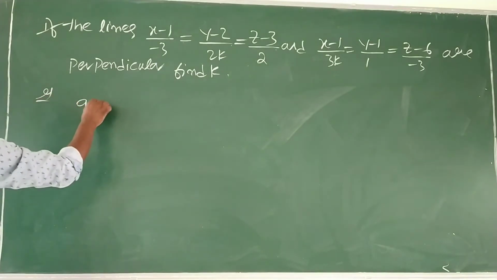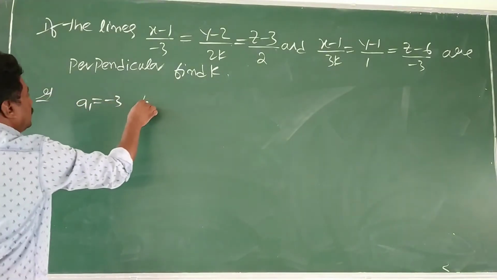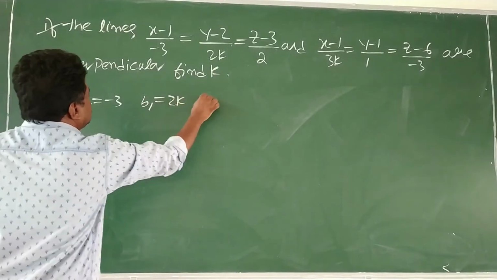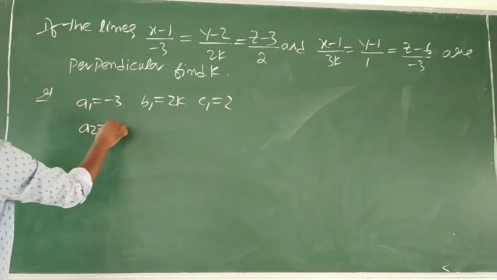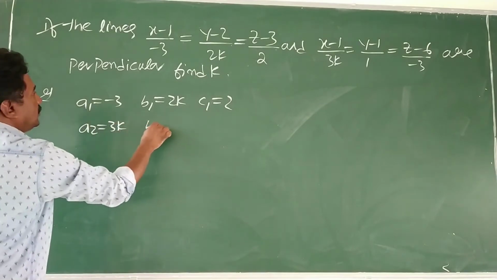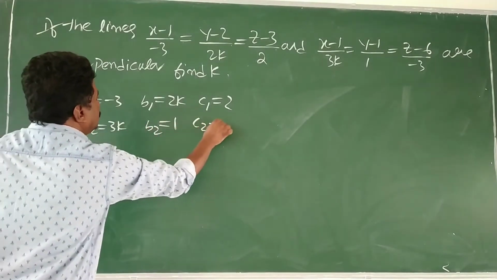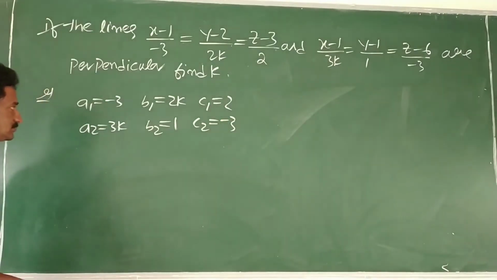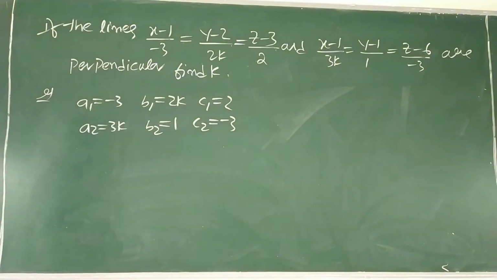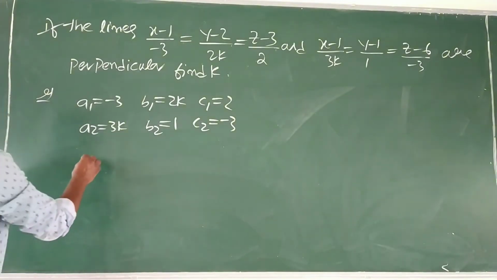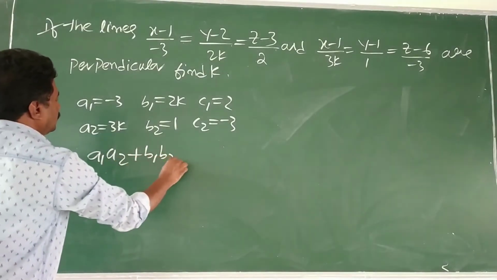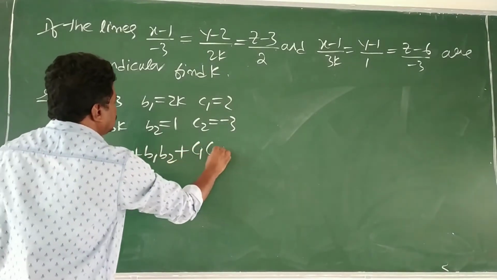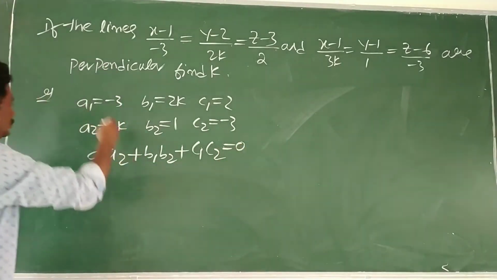Tell me, a1 is minus 3, b1 is 2k, c1 is 2, next a2 is 3k, b2 is 1, c2 is minus 3. So the condition for two lines to be perpendicular is a1 a2 plus b1 b2 plus c1 c2 is equal to 0. Substitute in that.